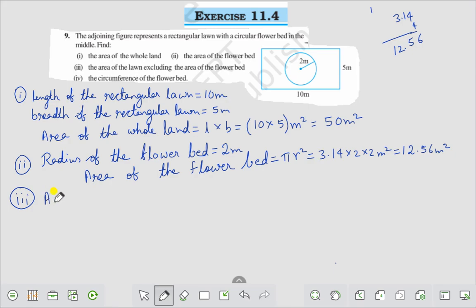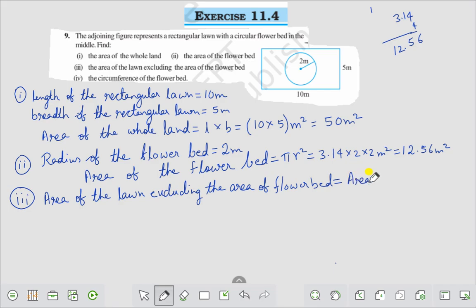Area of the lawn excluding the area of the flower bed is equal to area of lawn minus area of flower bed.